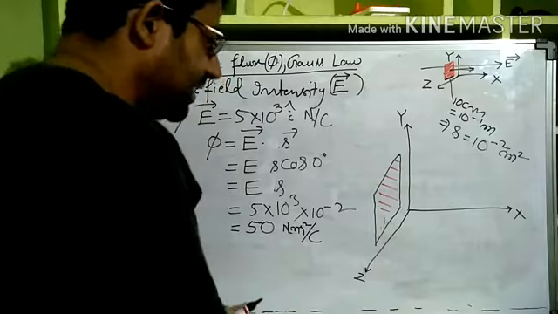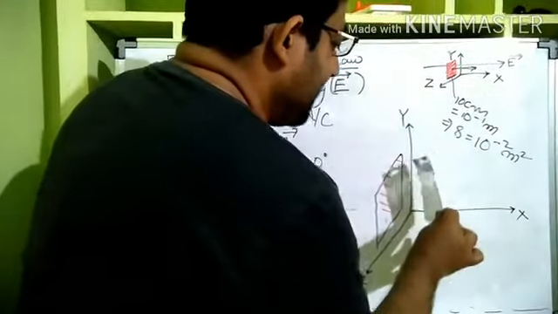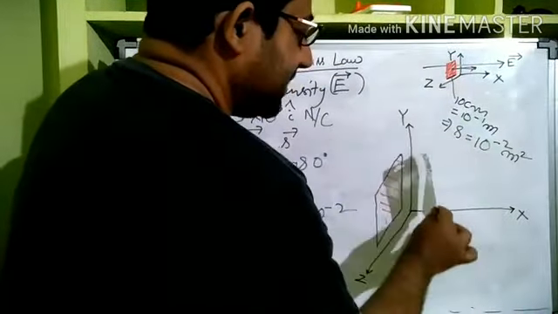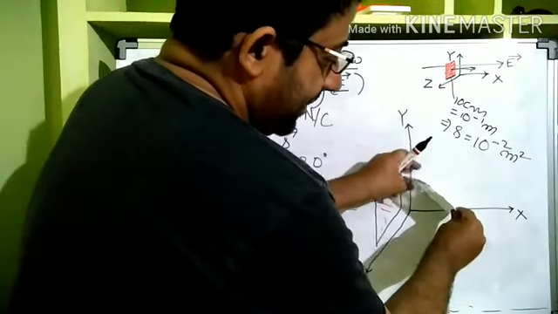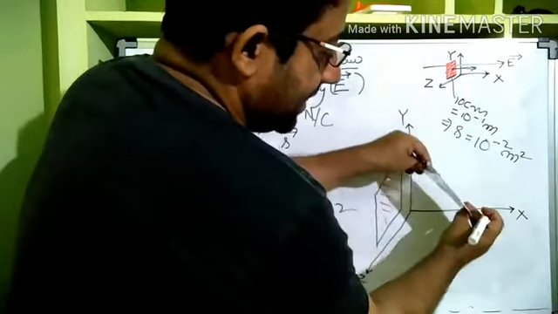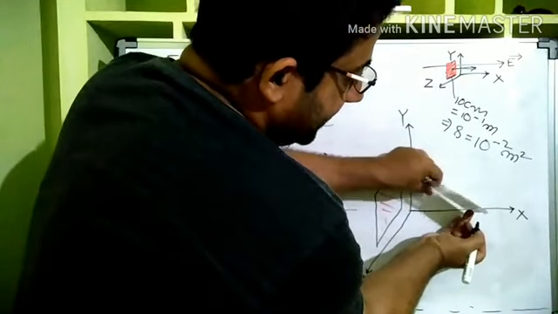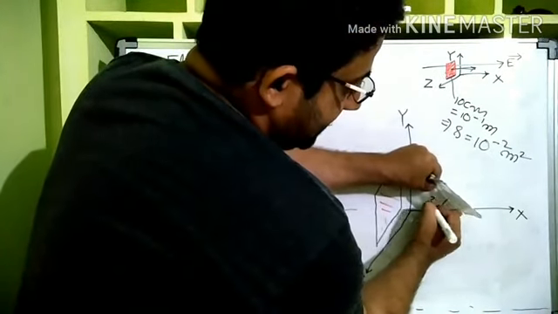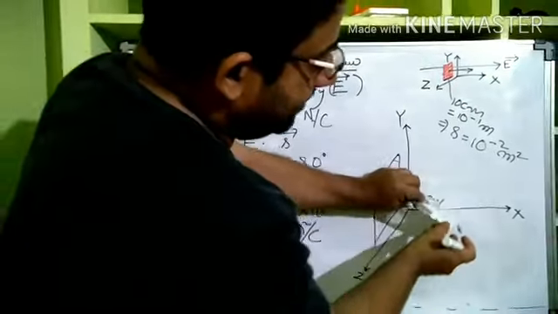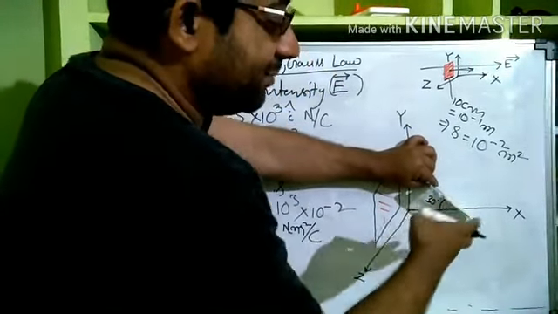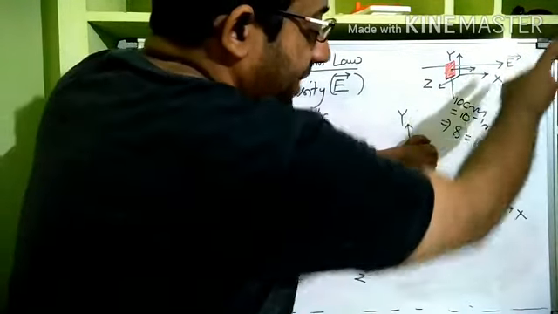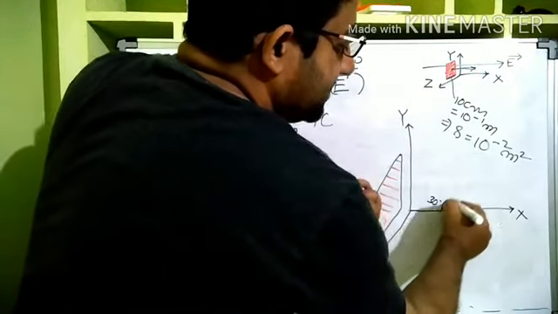Now you listen here. This plane is there. In the first case, it was like this. It was perpendicular to the x-axis. Now, if the plane makes 30-degree, this is the plane. Let us say this angle is 30-degree. Is it visible to everybody? If the plane is making 30-degree, then what will the area make? The direction of this area is perpendicular to the plane, so it will be along this line, right?